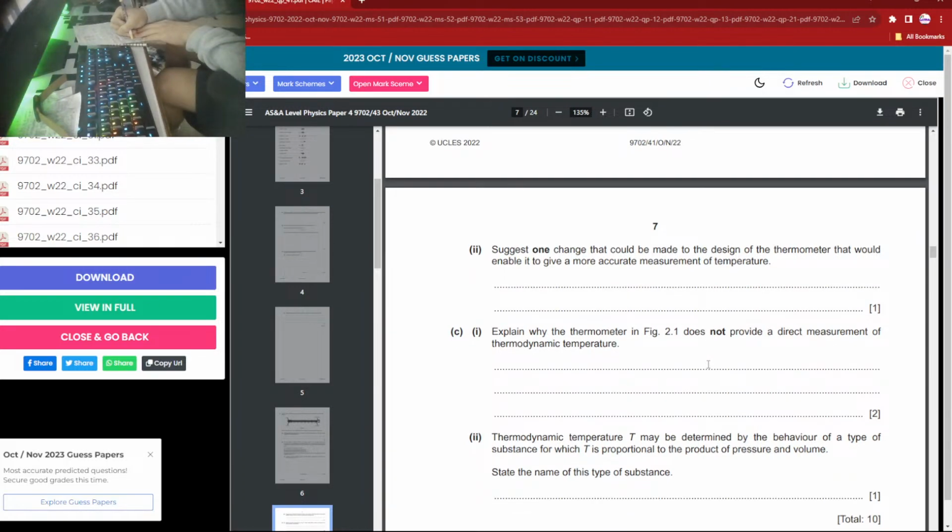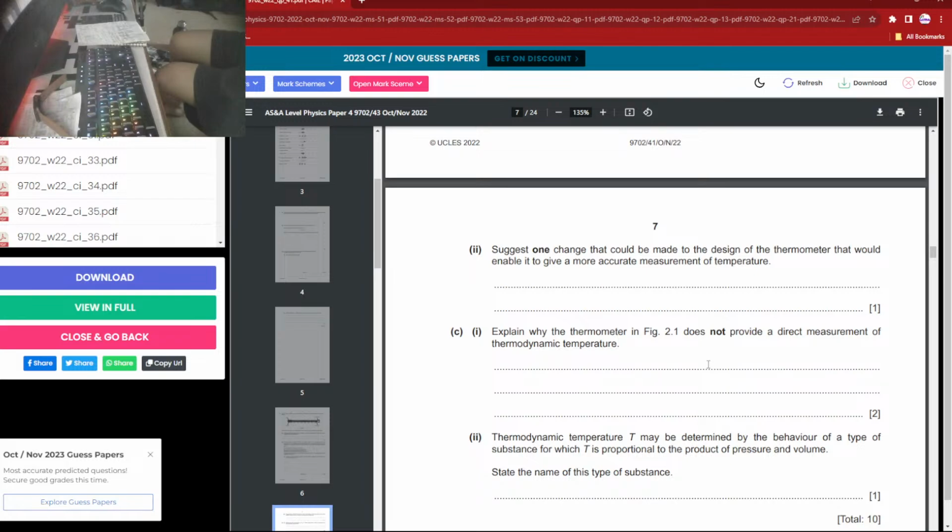Suggest one more change that could be made to the thermometer that would enable it to give a more accurate measurement of temperature. So, for it to give an accurate measure of temperature, we would want the thermometer to absorb less thermal energy to reach thermal equilibrium, because we want it to not have such a big difference in the thermal change.